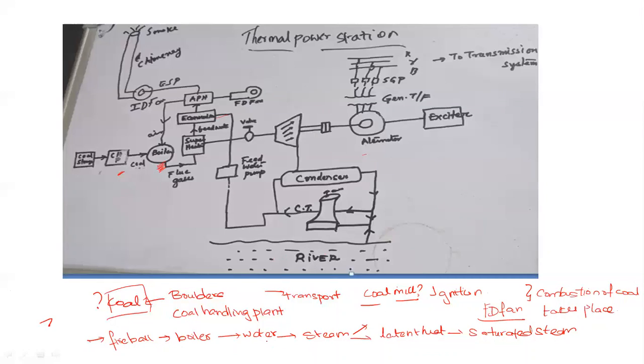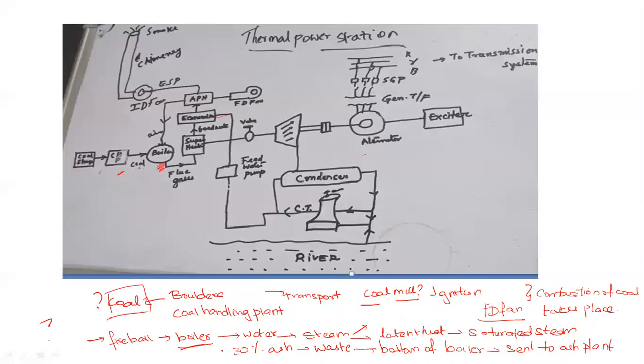When the boiler combustion takes place, about 30% of the coal becomes ash waste. This ash is collected at the bottom of the boiler and sent to the ash plant, which is not shown in the figure, in the form of ash slurry.